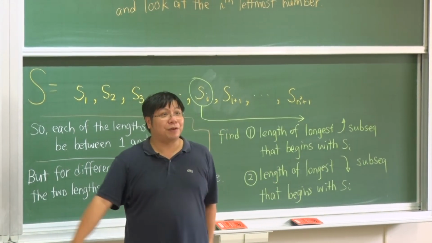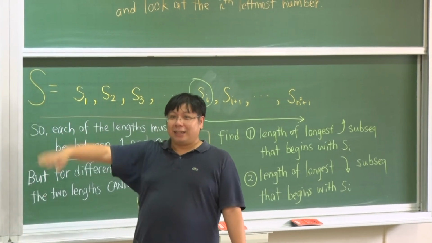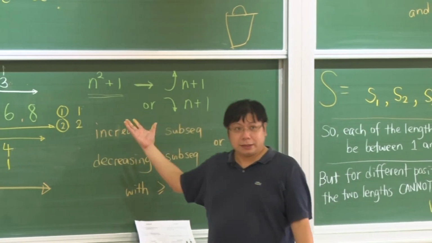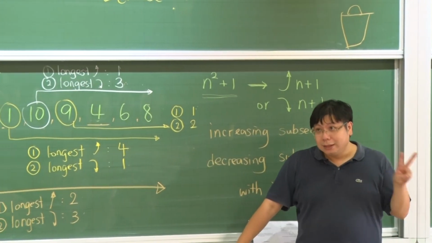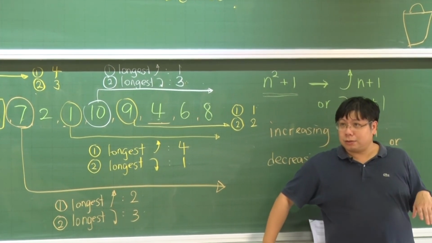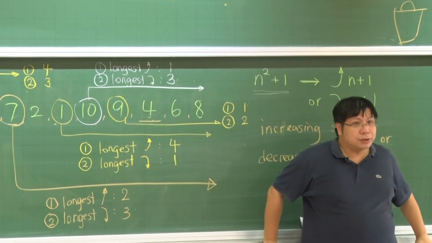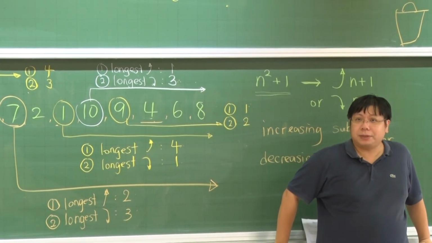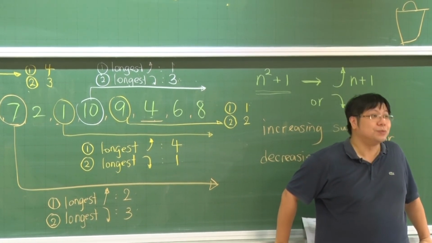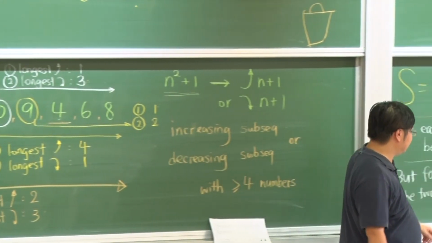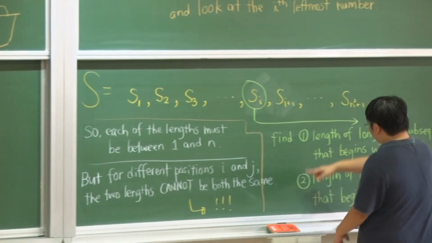Very, very complicated, right? So let me review. This proof is complicated because of three things. The first one is we are using proof by contradiction, and this is a technique that is new to you. The second thing is that we have to define something.